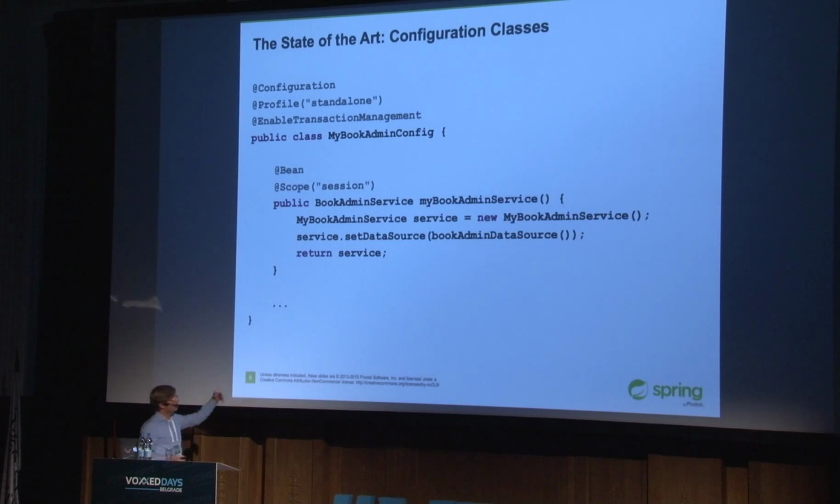You may call builder APIs in here, maybe some simple static factory methods of some kind, or you may pre-configure the instance by referring to other beans, which is what this particular method is doing. It's referring to a bookAdminDataSource not shown here, some other @Bean method that you are programmatically declaring a reference to.